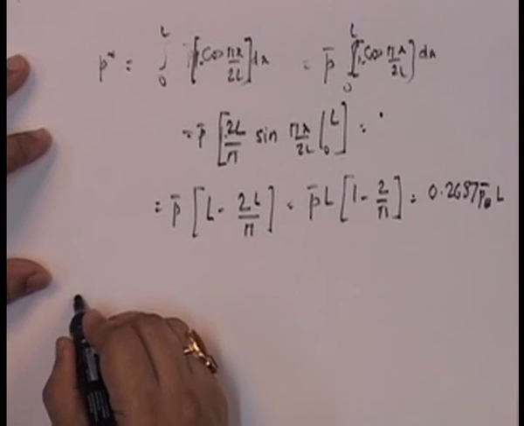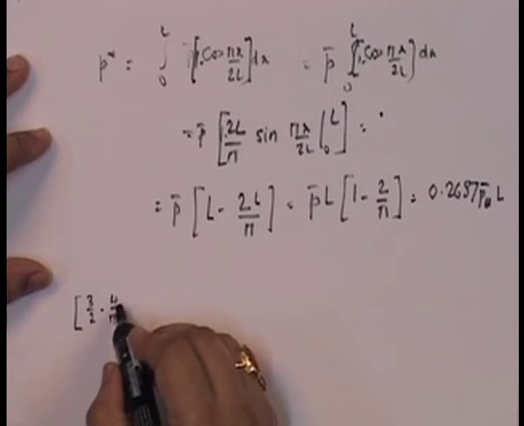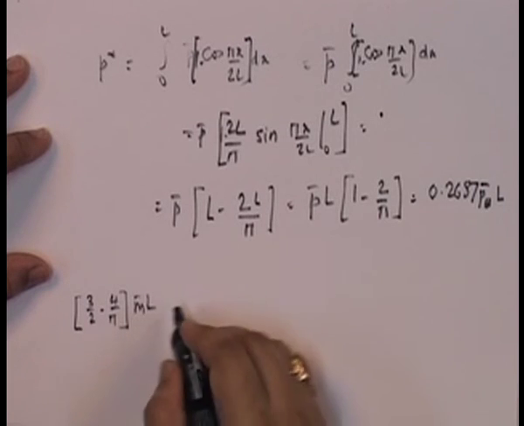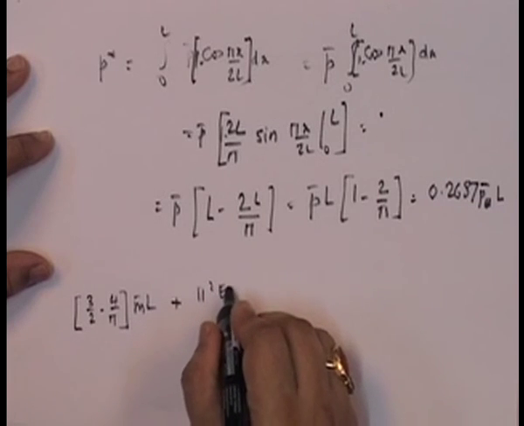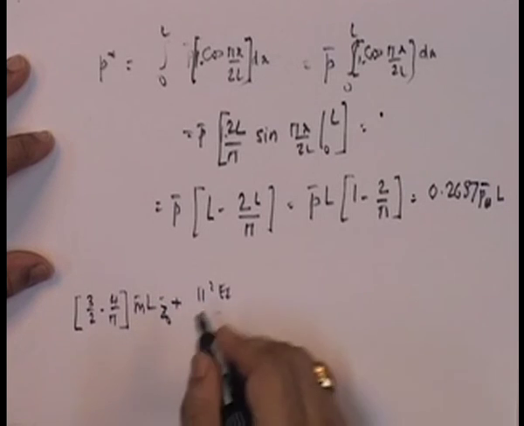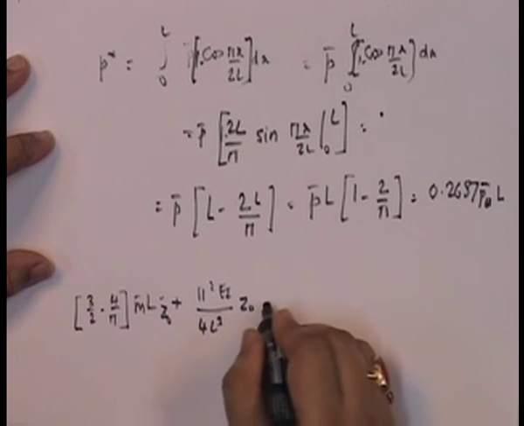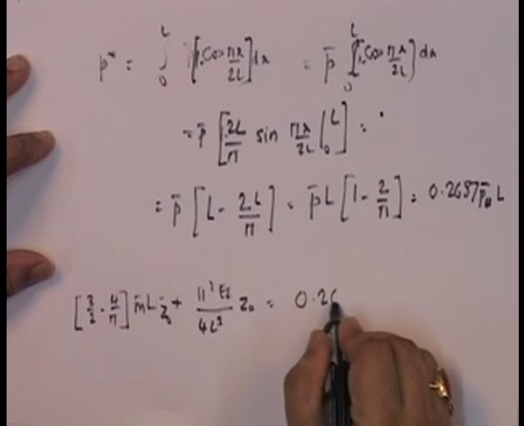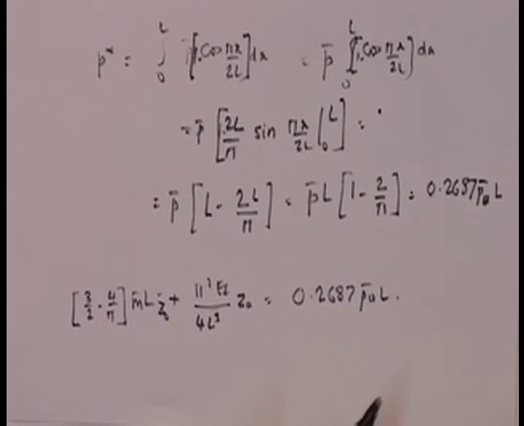So, the equation then becomes the following. It becomes (4 minus pi) m star plus pi squared EI upon 4 L squared times Z0 equal to 0.2687 p bar p naught upon L. So, this is what we get as our definition of this thing.